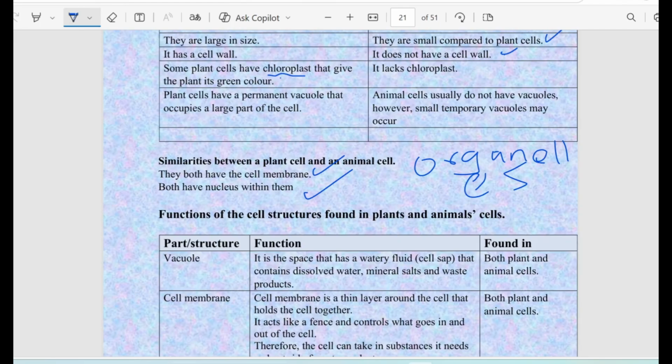And these organelles are just structures that are found within a cell.